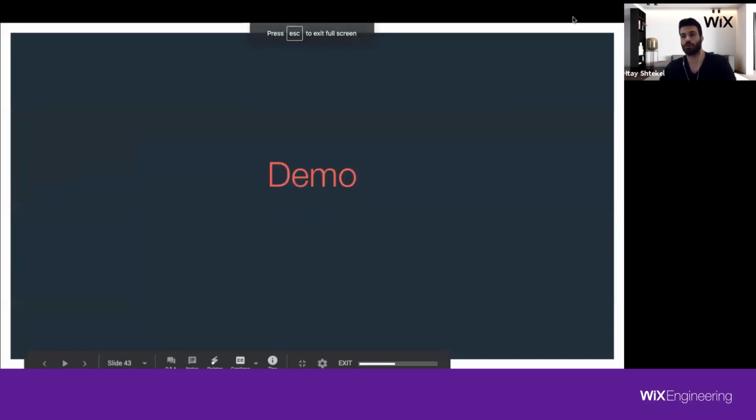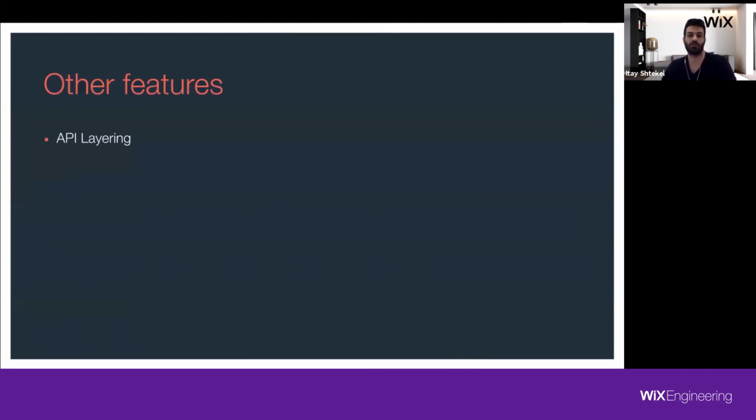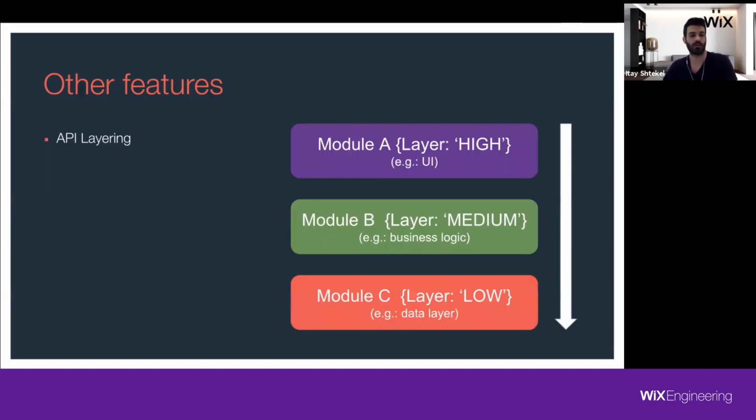And before we go into the questions, other stuff that we have in Repluggable, we have a feature called layering. Since modules are really unaware of each other, and every API can use another API, we can easily get into circular dependencies. So in order to tackle that, we categorized modules and gave them specific layers according to the hierarchy we desire in the application.